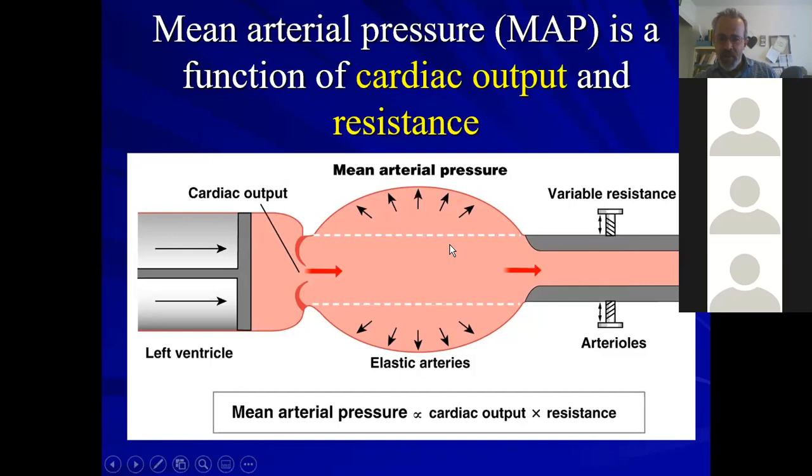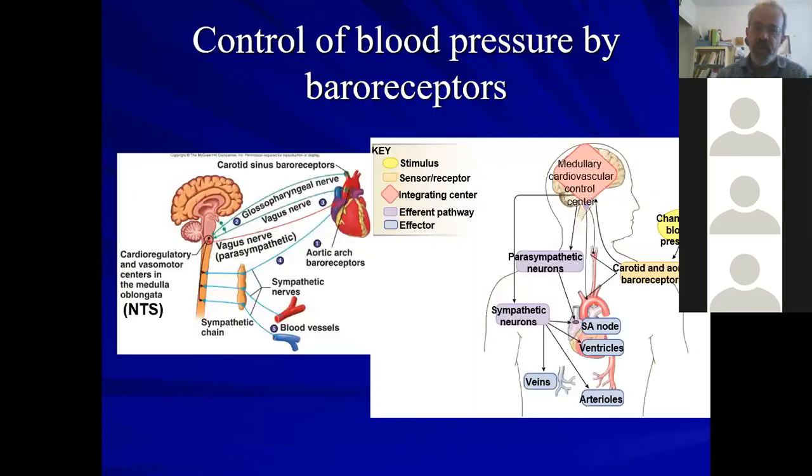That's going to make it more difficult for blood to go into the arteriole, so it's going to cause a buildup. So arterial pressure is proportional to cardiac output and resistance. And this is going to come into play shortly when we talk about the effect of the autonomic system on mean arterial pressure.